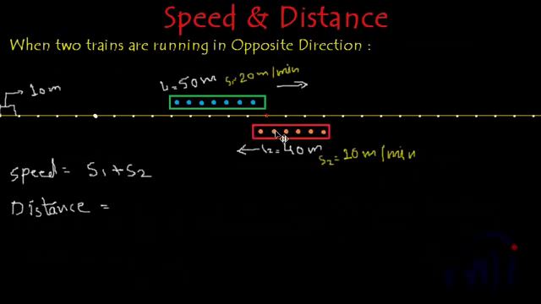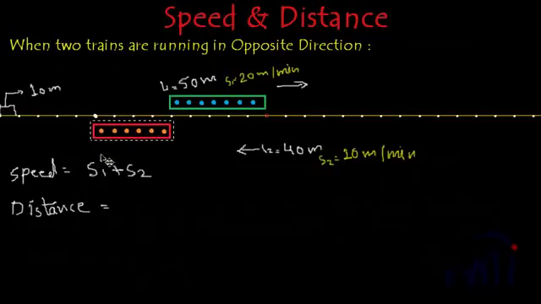Started from here, it's traveling in this direction, and its front end has actually covered a distance equal to the length of the green train, right? So the distance will be L1. But at this particular moment, the train hasn't crossed the green train completely. So it has to travel some more distance, which will be equal to the length of the red train.